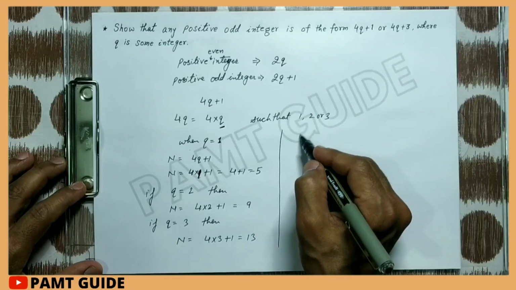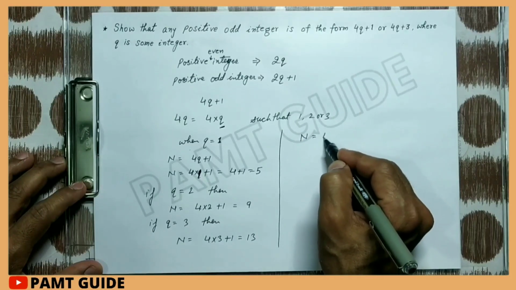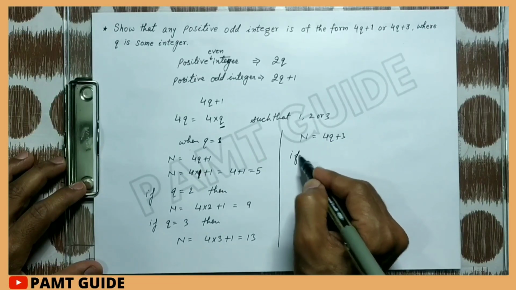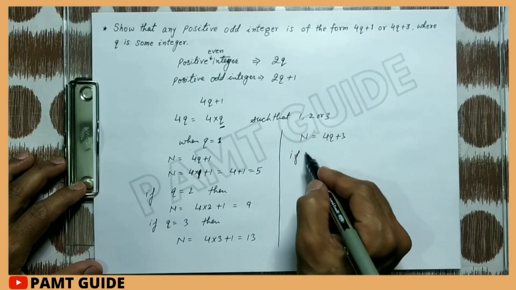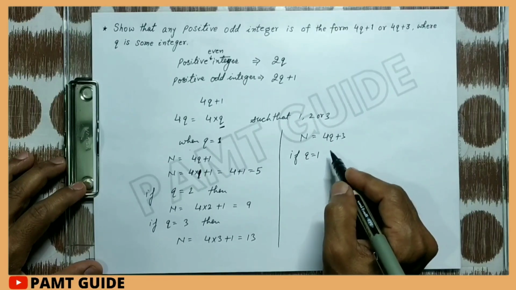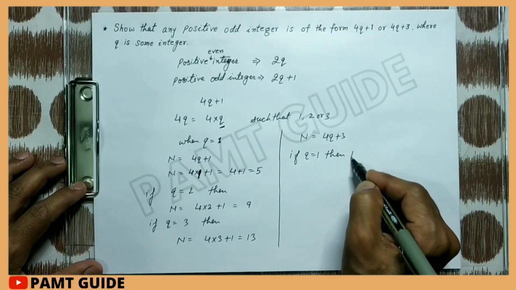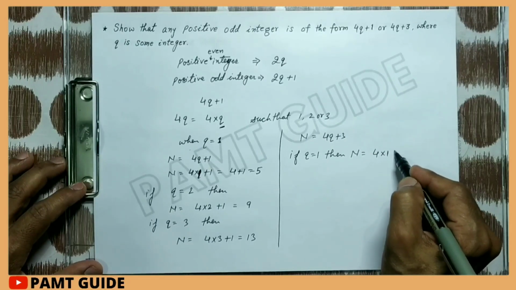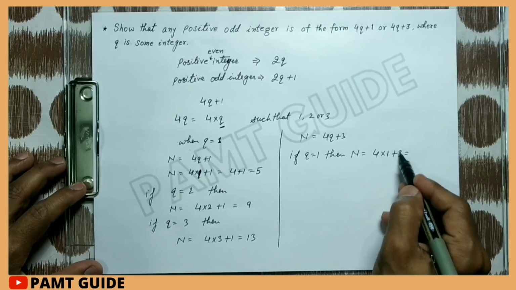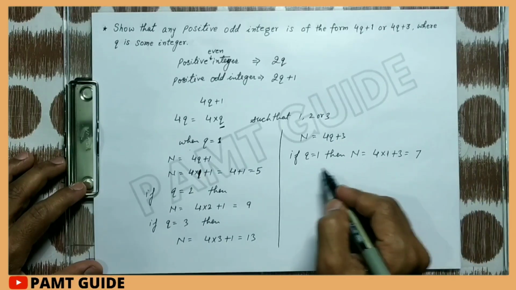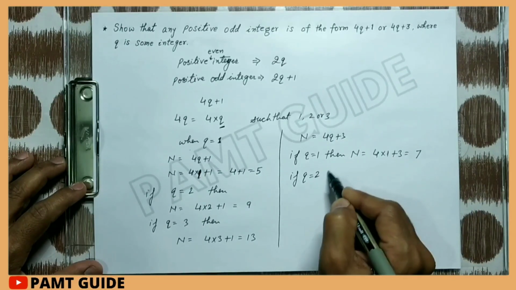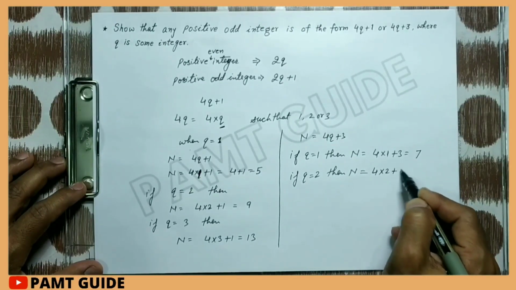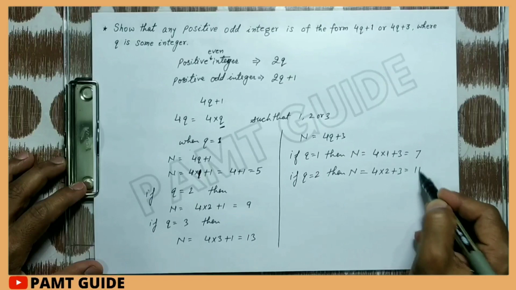Similarly, in the case of n equal to 4q plus 3, if we take the value of q equal to 1, then n equal to 4 into 1 plus 3, 4 1 are 4 and 3 7. If q equal to 2, then n equal to 4 into 2 plus 3, 4 2 is 8 and 3 11.